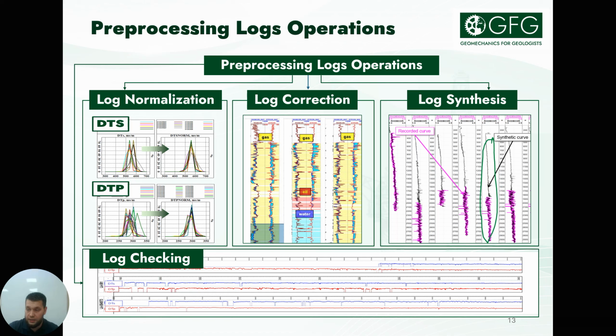Therefore, the log data set would be homogeneous and consistent for all wells included in the analysis. Log correction, which takes into account the influence of caverns and gas fluids on log readings, and log synthesis or restoration. This is restoring the necessary curves, especially density, P and S wave acoustic.